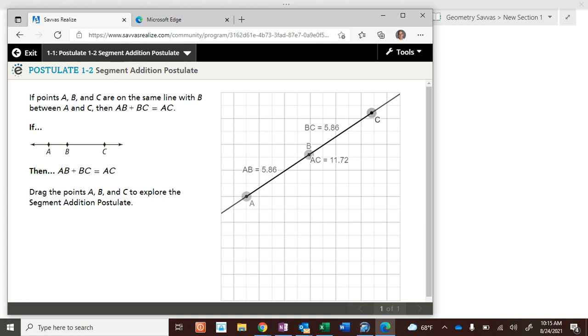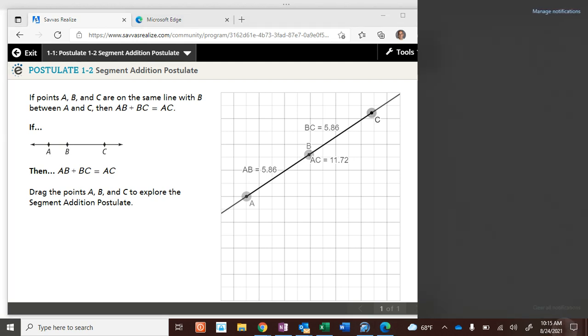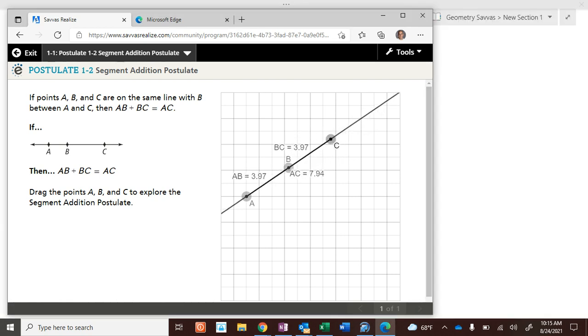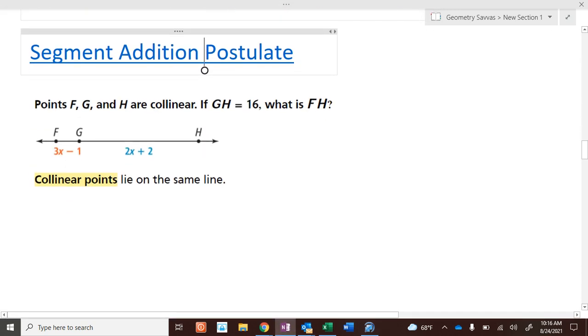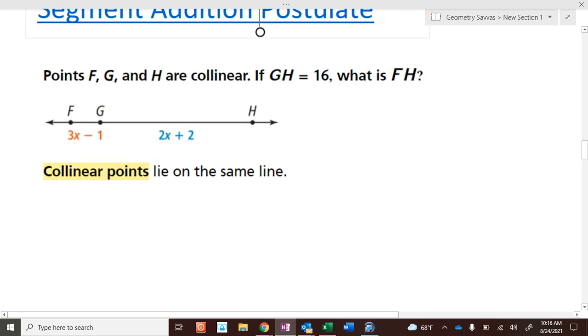So if you add those two together, AC is 11.72. If AB is 6.92 and BC is 2.78, you add them together to get 9.7. That's what the segment addition postulate is. You can take two segments, add them together to be the whole thing.